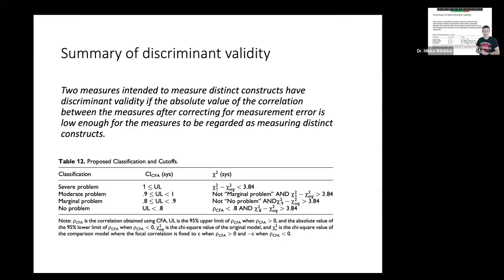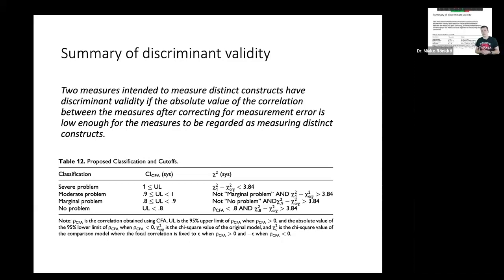So we reviewed the literature, and we concluded most researchers would say that when two items are correlated at less than 0.8 after correcting for measurement error, there's no problem with discriminant validity. The items don't correlate too highly. If the correlation is between 0.8 and 0.9, most researchers would mention the correlation but not make a big deal out of it.